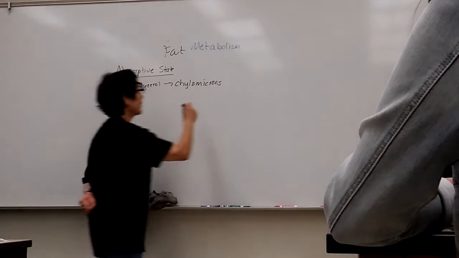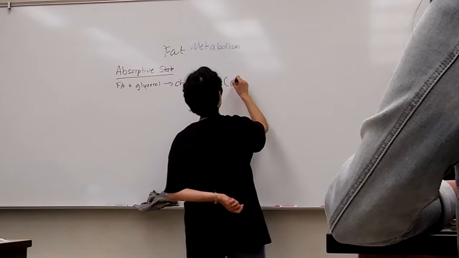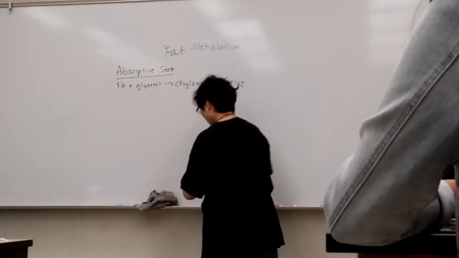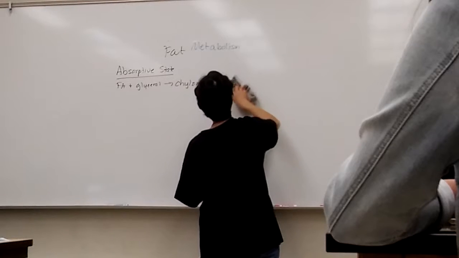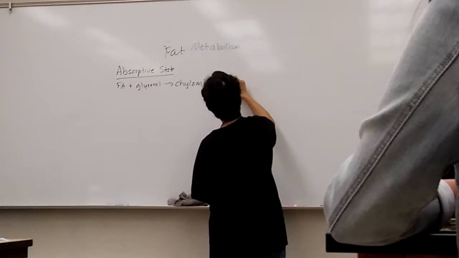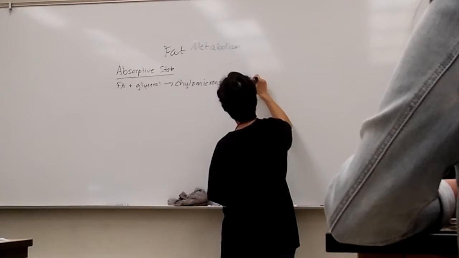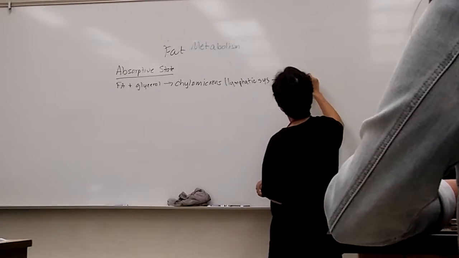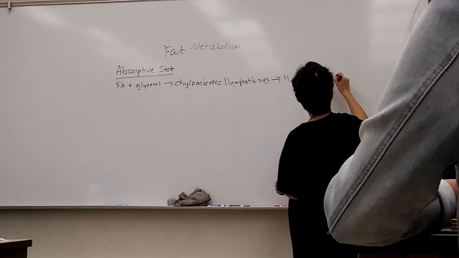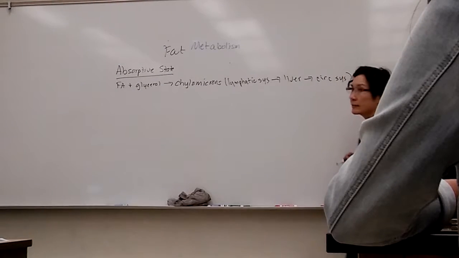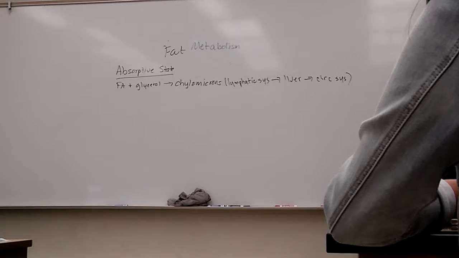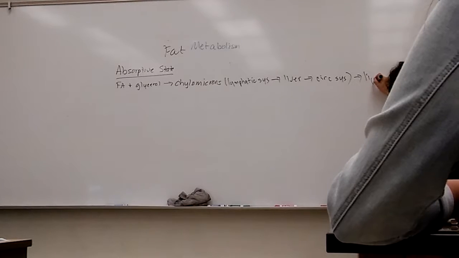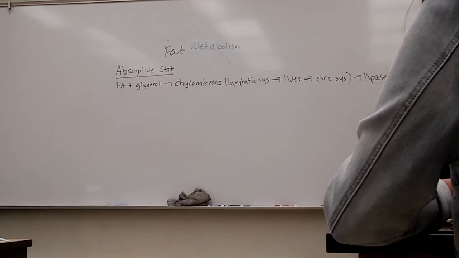And so the chylomicrons are going to go into the lymphatic system first, and then eventually we'll go to the liver, and then get thrown out into the circulatory system. And then there are lipases running around in the blood.